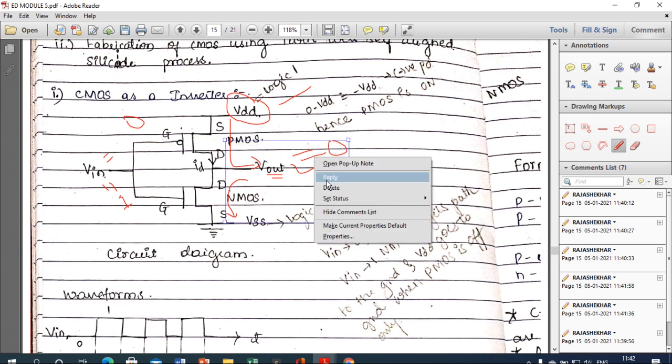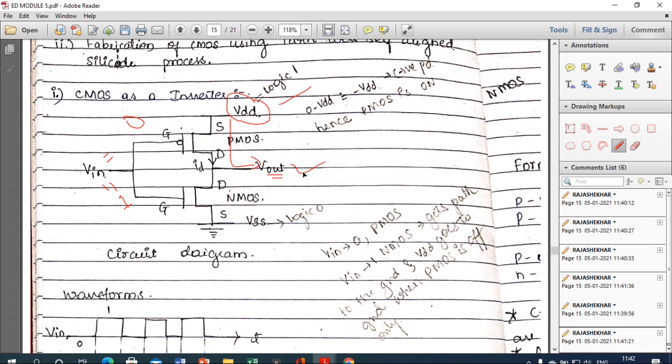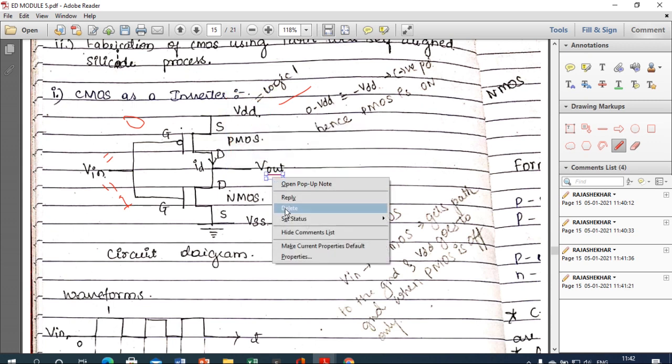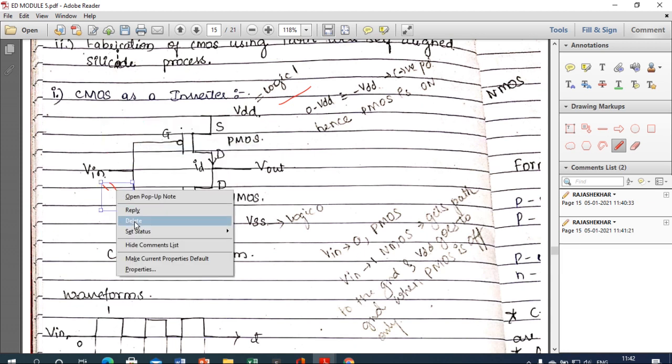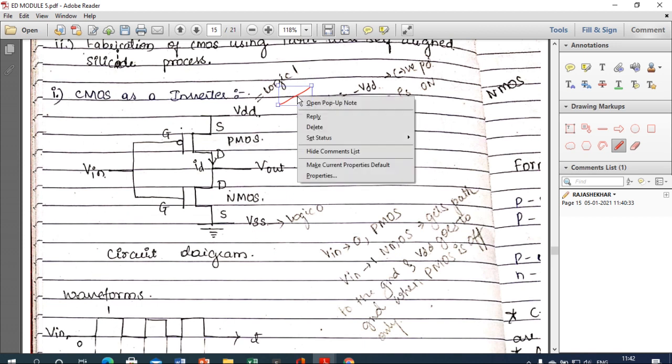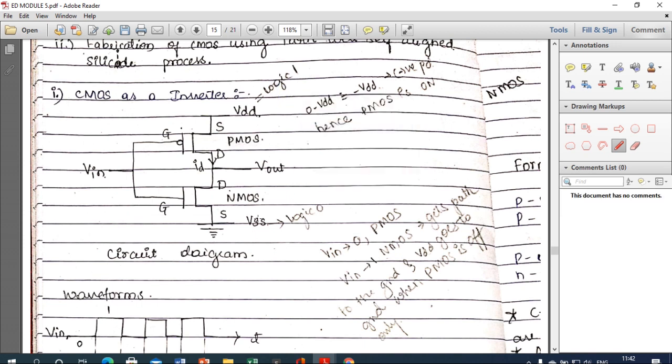First, I hope you understood how this CMOS inverter works and what it consists of. Now I will tell you how it can be utilized as an inverter, the complementary pair of NMOS and PMOS. Look at this circuit diagram.